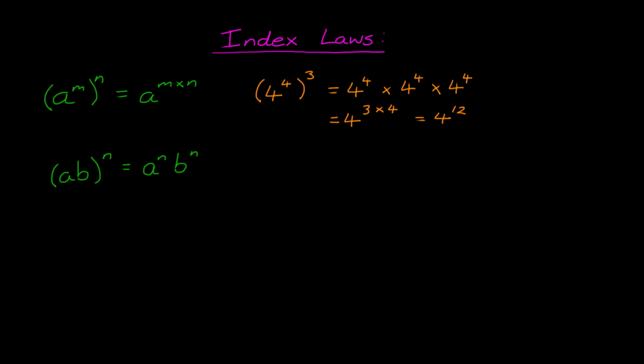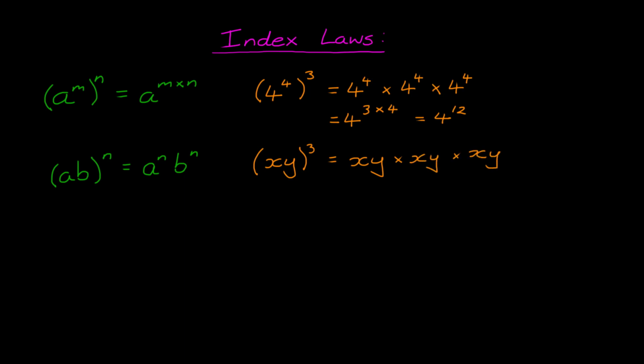Our next index law says that the product of two numbers, a and b, raised to the power of n is equal to the product of the two individual index expressions, a to the power of n multiplied by b to the power of n. We can see this if we have xy to the power of 3 equals xy times xy times xy.